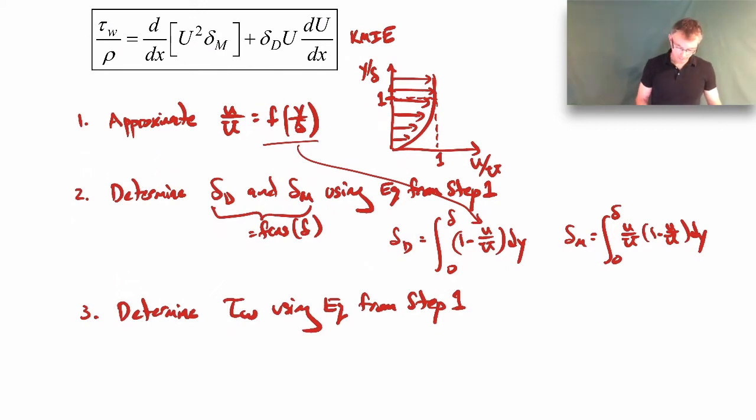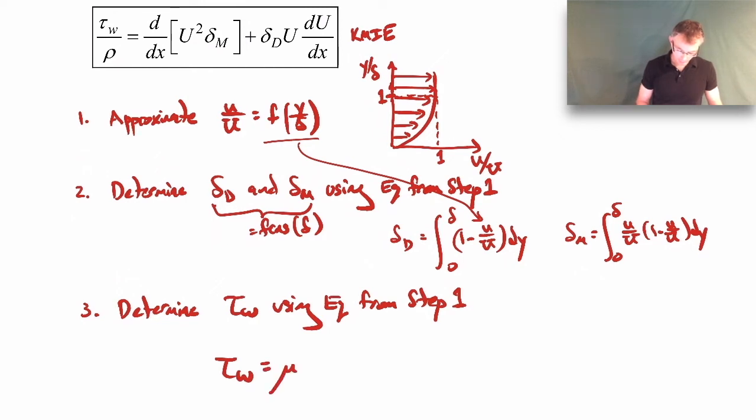For example, for a laminar flow, we just know in general that the wall shear stress will be mu times du dy evaluated when y is equal to 0. That's the wall shear stress. It's just our standard Newtonian method for calculating shear stress, and we're specifically evaluating it at the wall, so we want it when y is equal to 0.